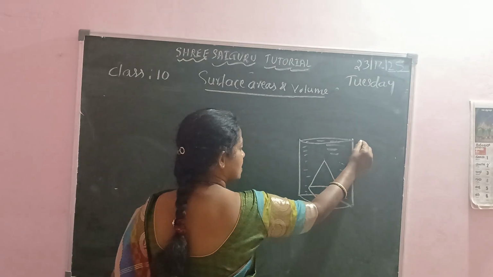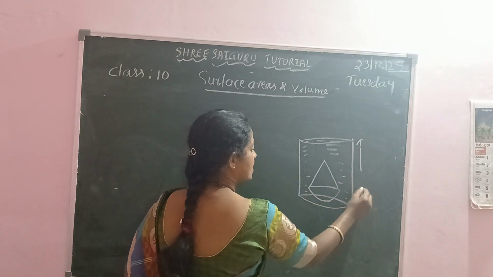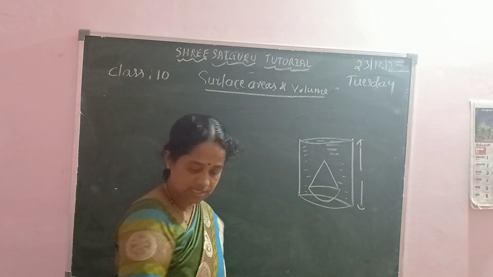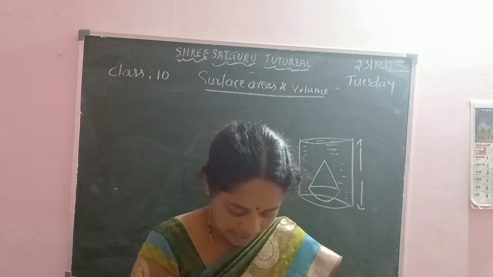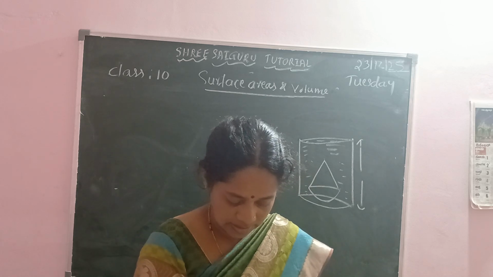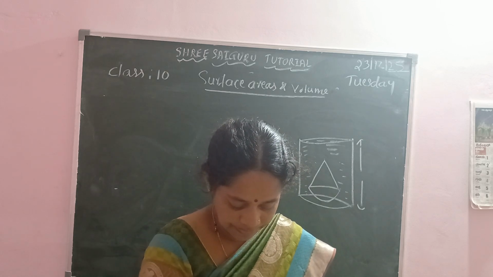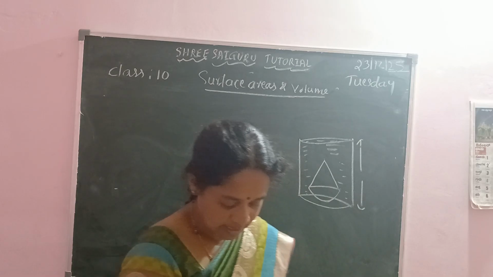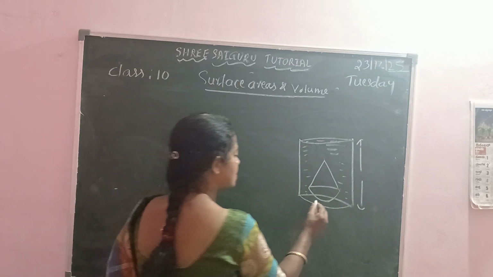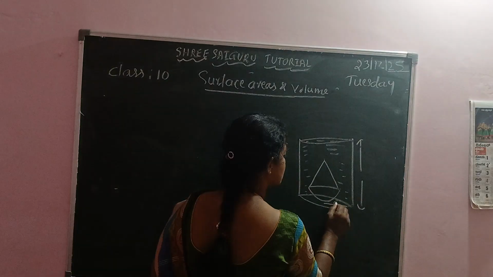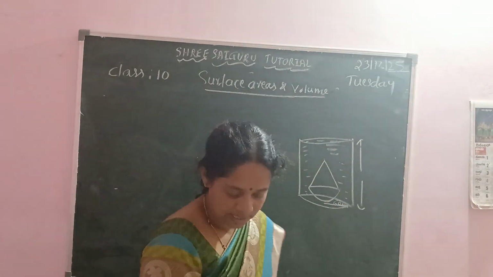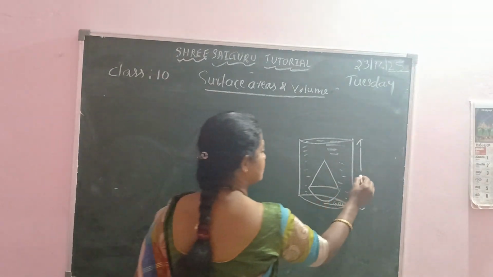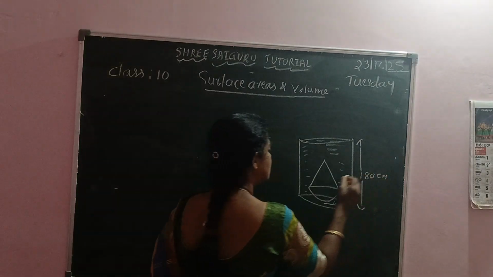Let us calculate here. And before that, I should mention everything which is given in the question. What is the height of the cylinder? The height of the cylinder is 180 centimeter. The radius is 60 centimeter.